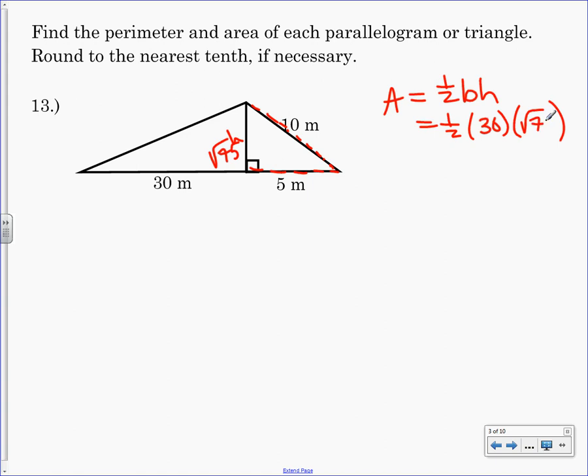Take your time, punch that in, and you'll get 75, but we know in our heads it's square root of 75, right? If you want to actually take the square root of 75, that's fine, but then you have to store it, or you have to go back up and highlight it and hit enter again. So it's probably easiest just to write it down. Okay, so go ahead and take 1/2 times 30 times the square root of 75 and round to the nearest tenth like they said.